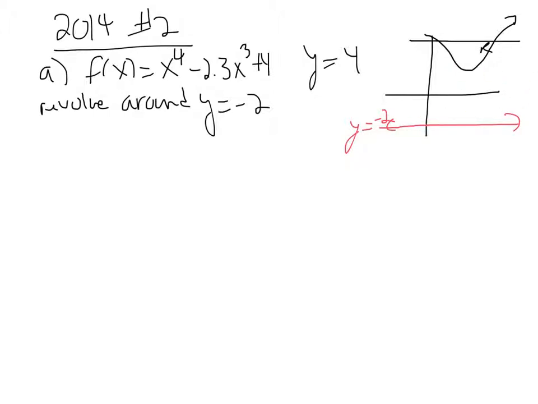If there's a lot of space there, that means it's going to be a washer, if you're still unclear about the difference between a washer and a disk. Because what I'm doing is taking this and it's going around like that, okay? So you need to find little r and big R. If you just draw lines from your curves to the line you're revolving around, the bigger one is big R and the little one is little r.